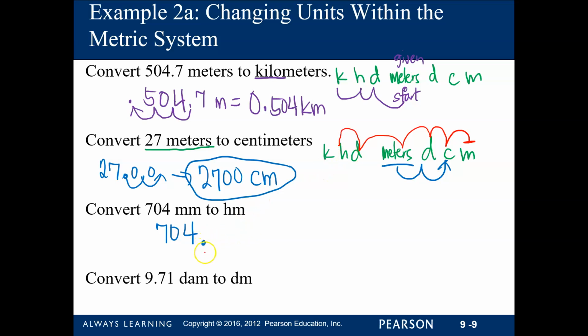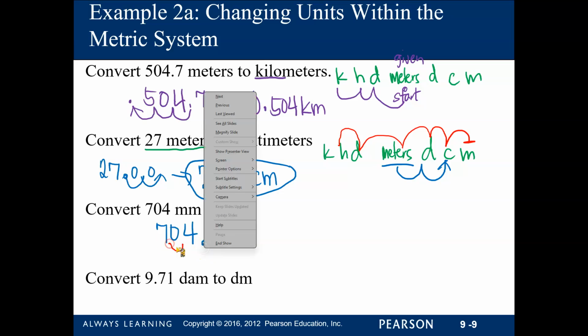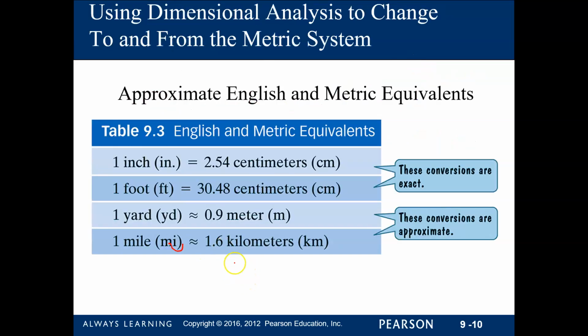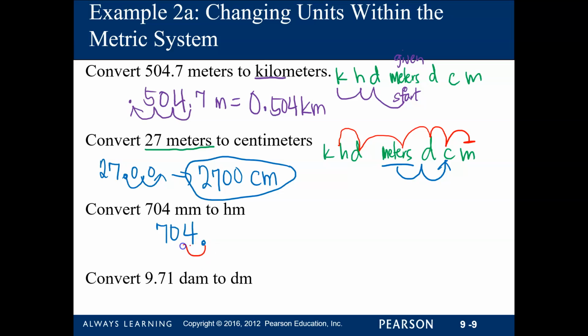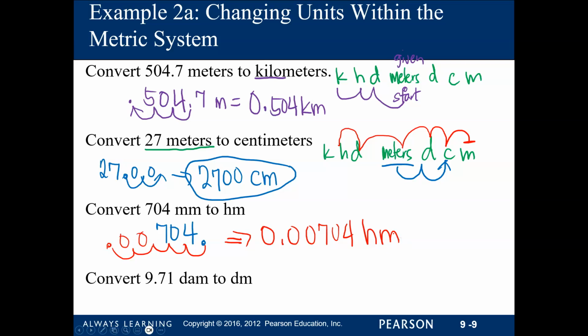So from here, we need to move 5 decimal places to the left. 1, 2, 3. Oops, sorry, my bad. 1, 2, 3, 4, 5. This is now where the decimal point is. We got 2 zeros in the front. So this is now going to be 0.00704 hectometers.